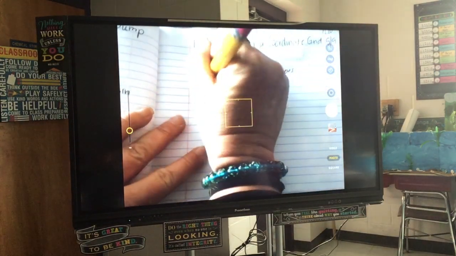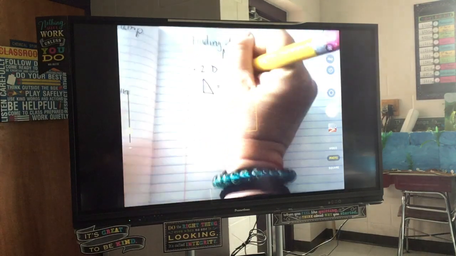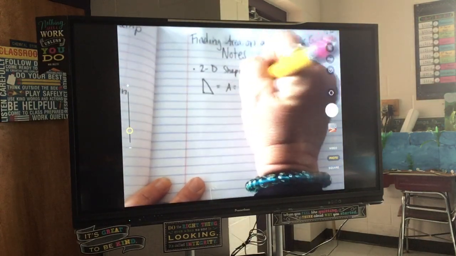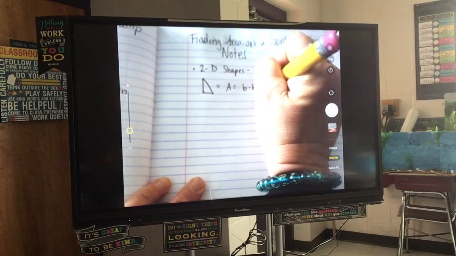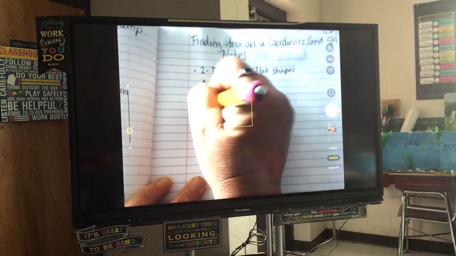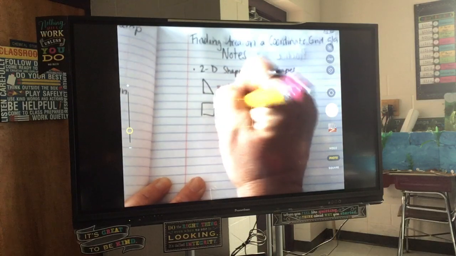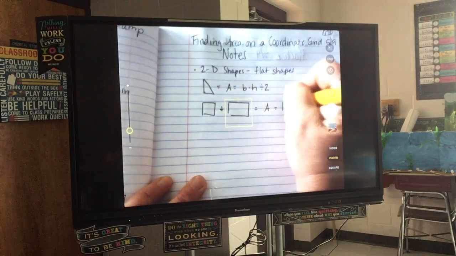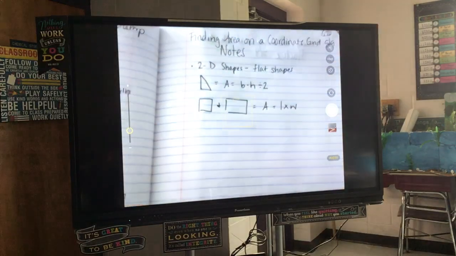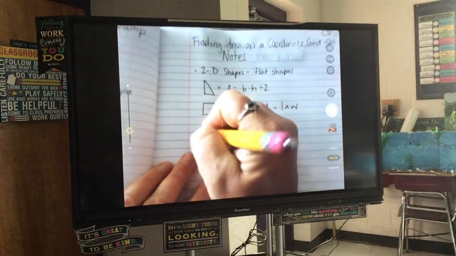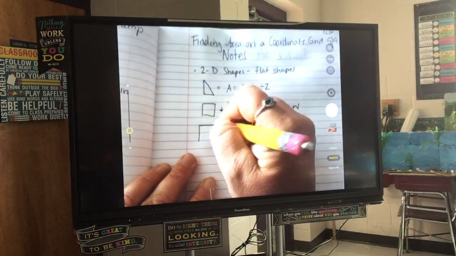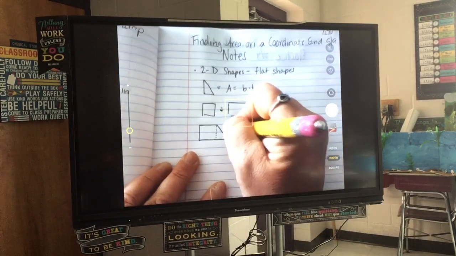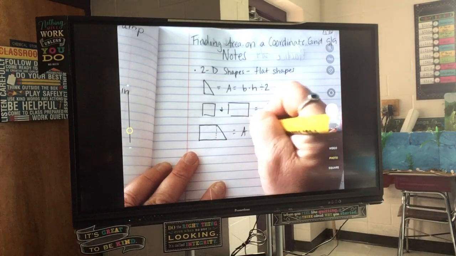Alright, so we have a triangle, and the area is base times height divided by 2. We have squares and rectangles, and the area for that is length times width. We have the trapezoid, which you can decompose or use the formula.